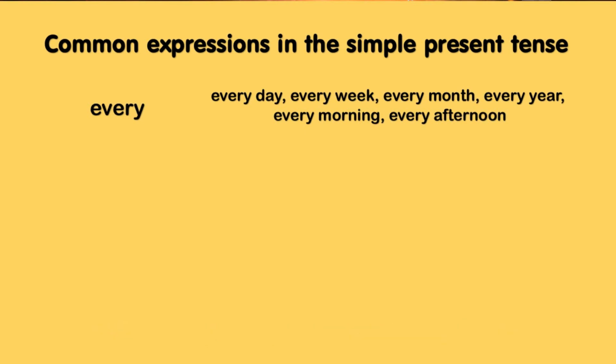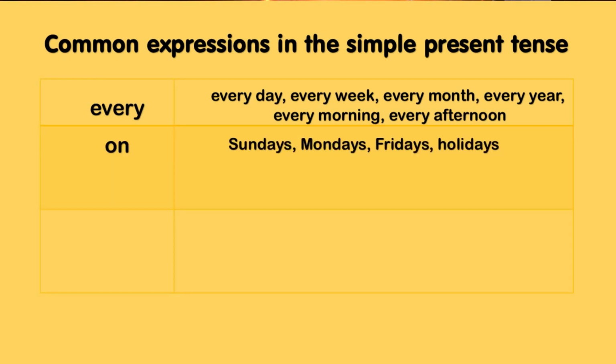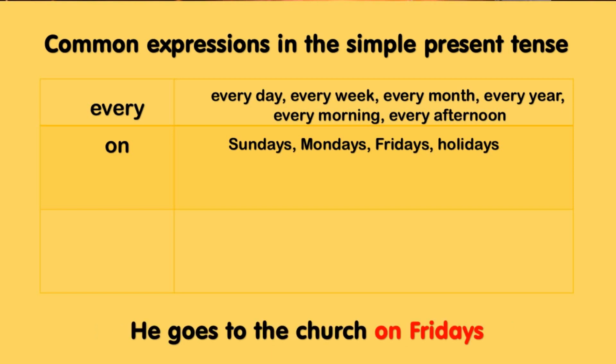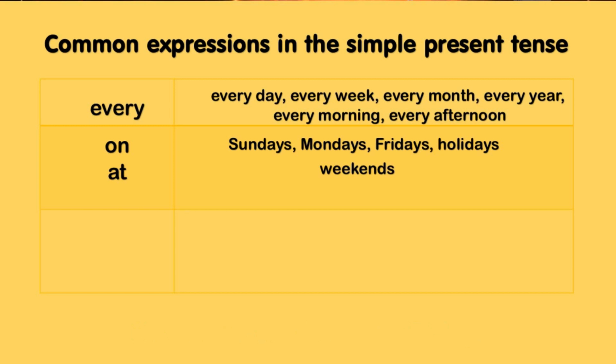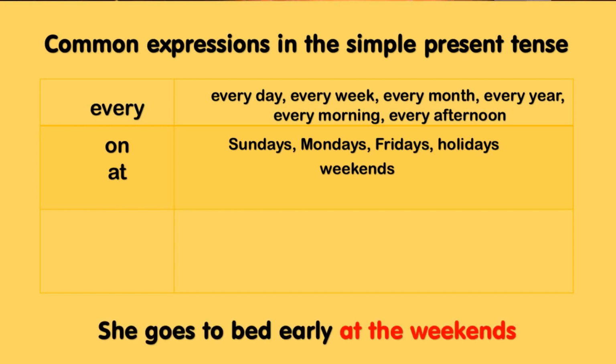We can mention the days as well. On Sundays, on Mondays, likewise. For example, he goes to the church on Fridays. Every Friday he goes to the church. That is a habit. Also, we can use at the weekends. She goes to bed early at the weekends.